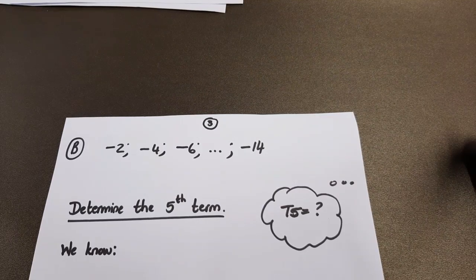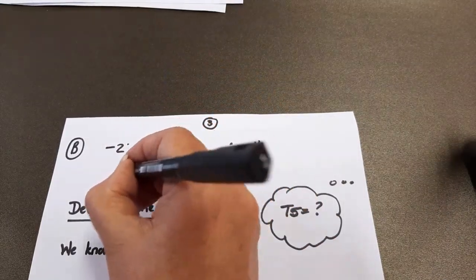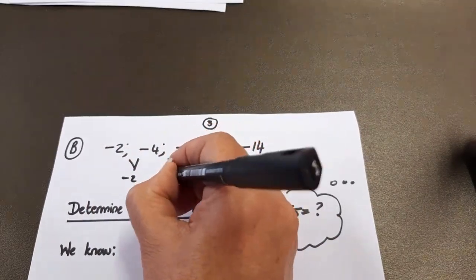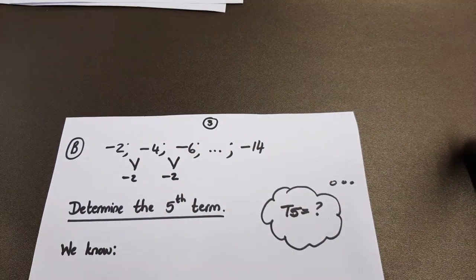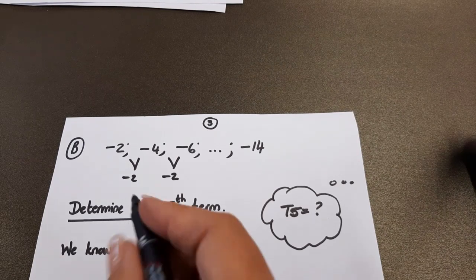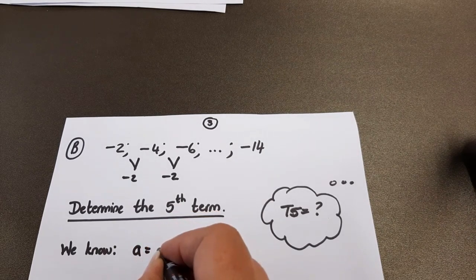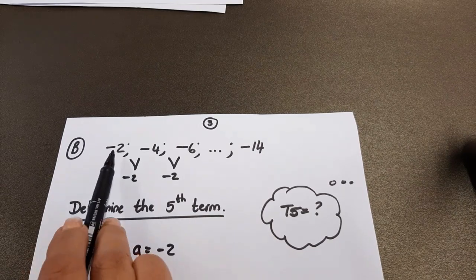If we look at example B, we're going to use the same sequence. So we know that the difference is minus 2. But our question now is: determine the 5th term. We know that A, the first term, is minus 2.